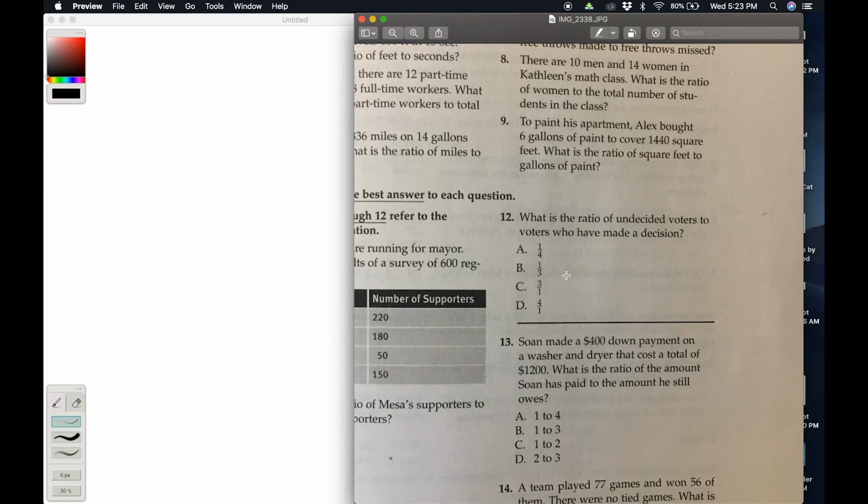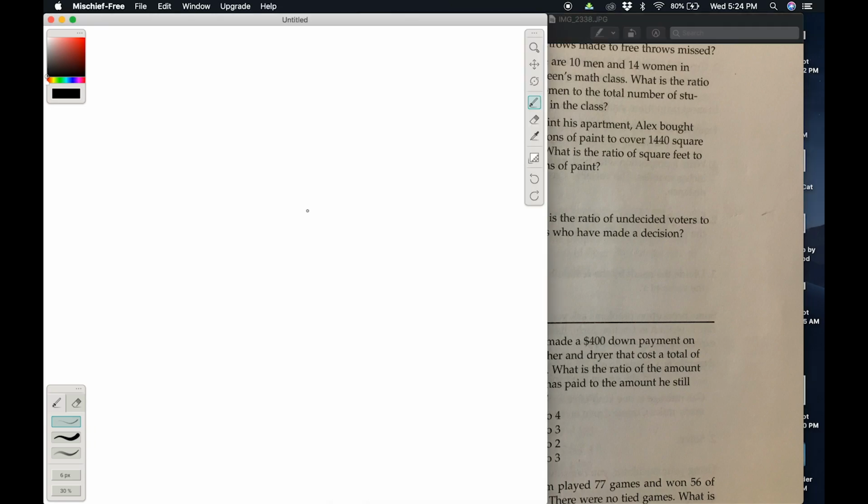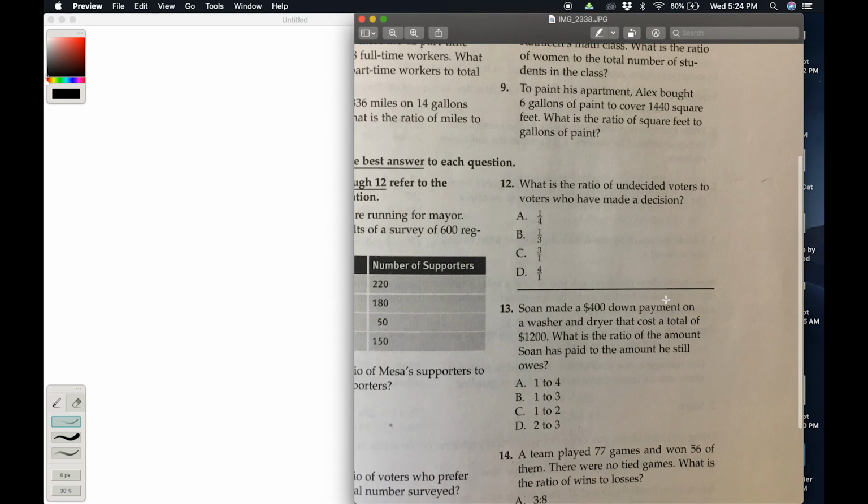And a lot of it is kind of just guessing, and then trying. It is a little bit of a process to reduce fractions or to simplify them. They mean both the same thing.